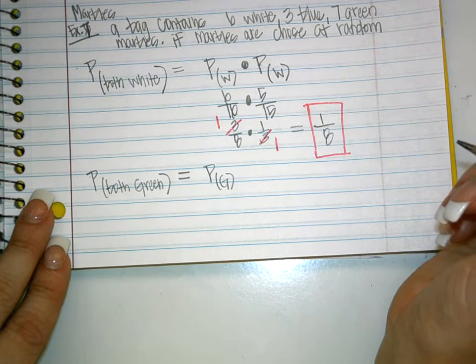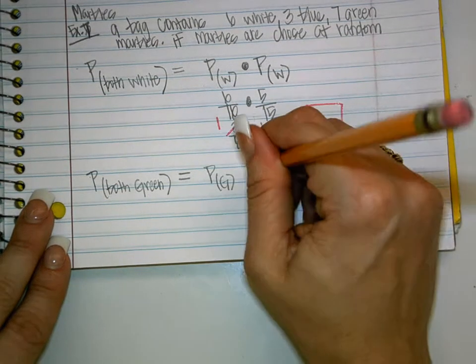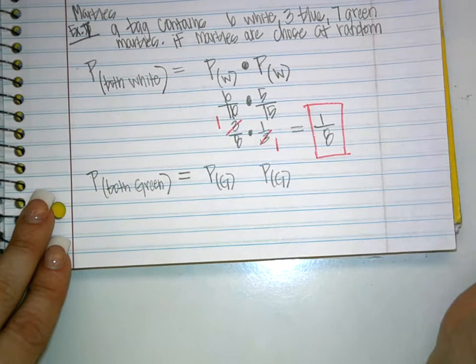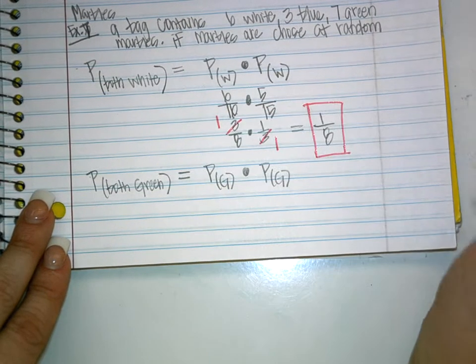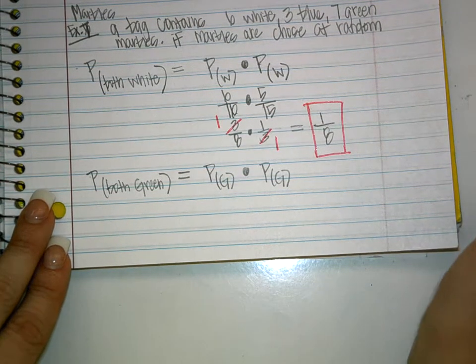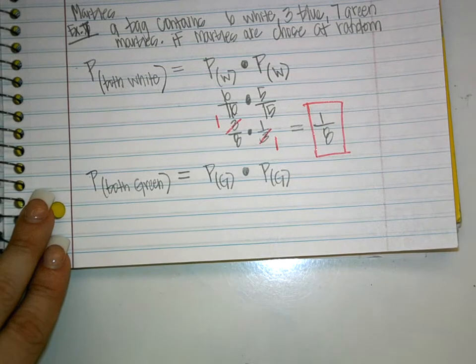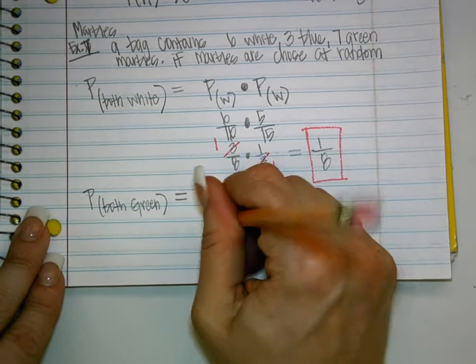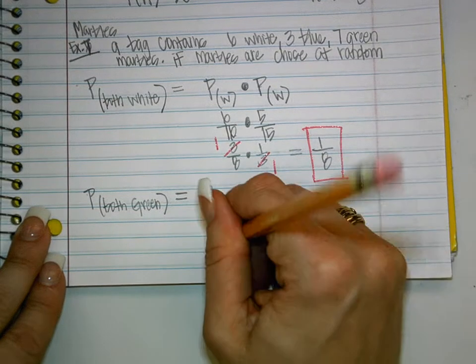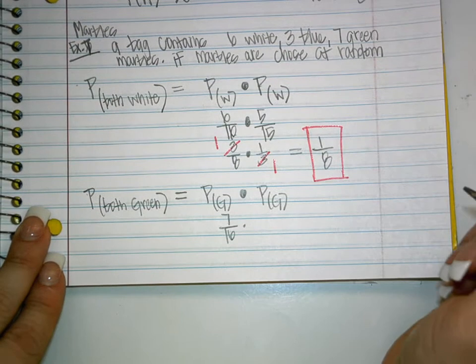Is it multiplied by the second one being green or added? Multiplied, because they're both being green, so that's an and probability. So what's the probability that the first one is green? How many greens were there? 7 out of how many total? 16, multiplied by how many greens would be left?